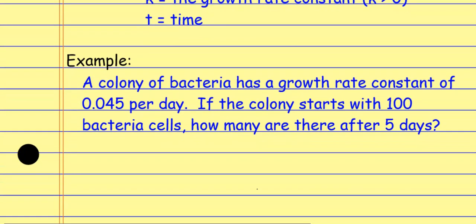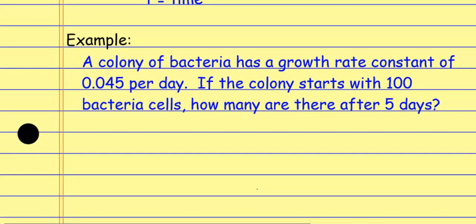And so when we look at something like this guy, here it is. A colony of bacteria has a growth rate constant of 0.045 per day. If the colony starts with 100 bacteria cells, how many are there after 5 days? And again, this is a continuous growth model because we don't have this set to a schedule, all right? We can't say that the bacteria are only going to increase in size once every hour or once every month or once every day, all right?